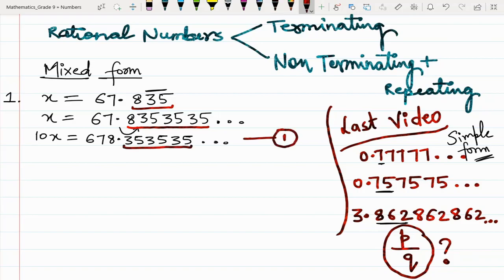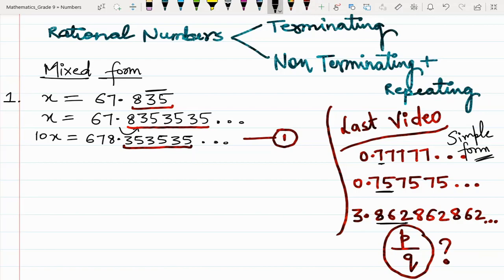Now I want my equation number 2, and for equation number 2 also I told you your recurring part must be the same. So to make the decimal part exactly the same, we need to move our decimal how many digits? 2 digits to the right. So I need to move my decimal 2 places to the right so that it starts from 3 again.